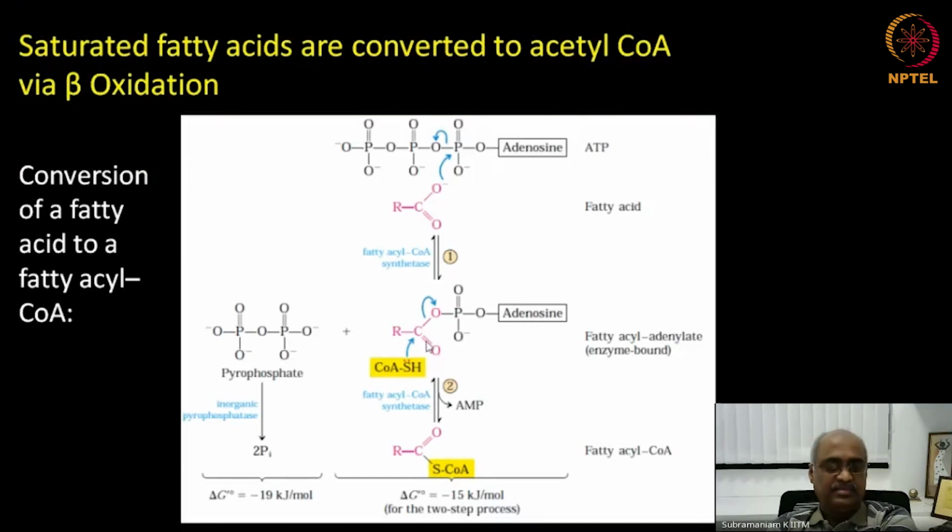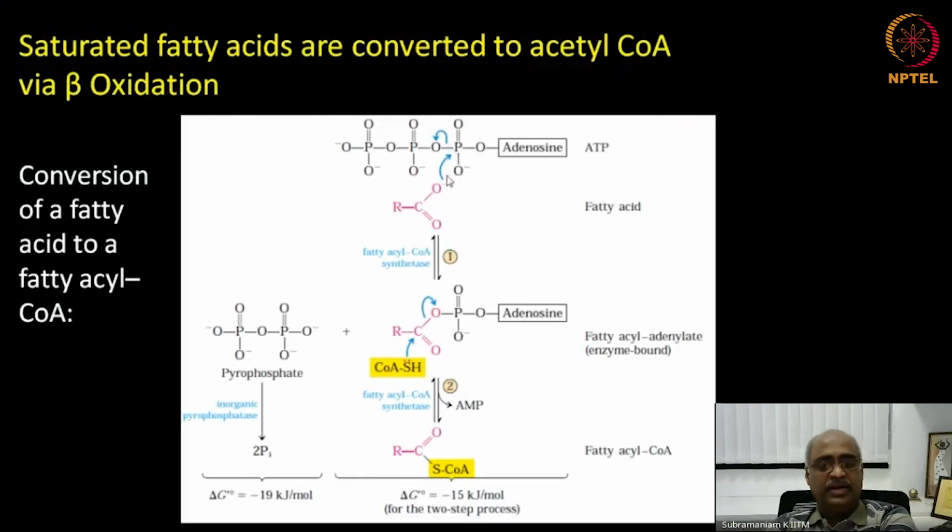Once again, I want to draw your attention to this carbonyl group that we learned long time ago. This carbon is going to be partially positively charged. So again, a good nucleophilic attack by this thiol group leads to the formation of acyl-CoA, just like acetyl-CoA formed from pyruvate.